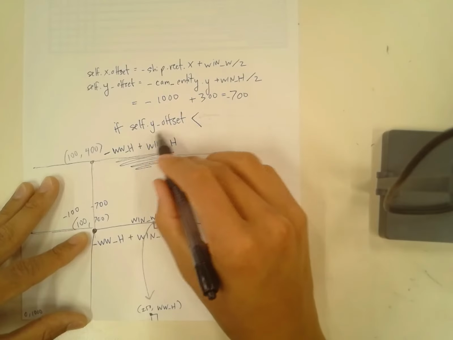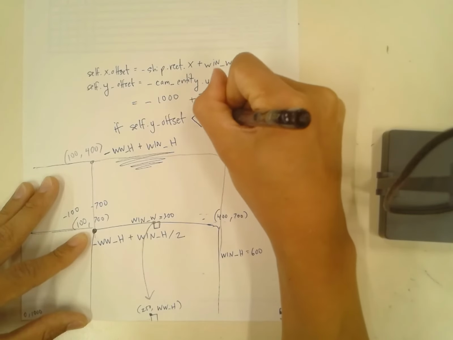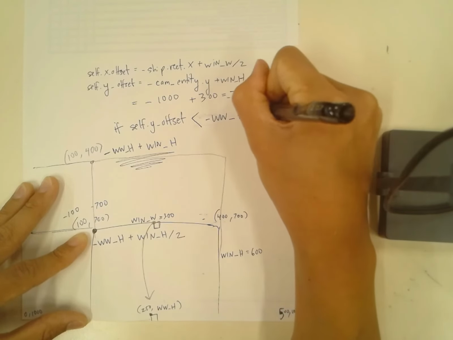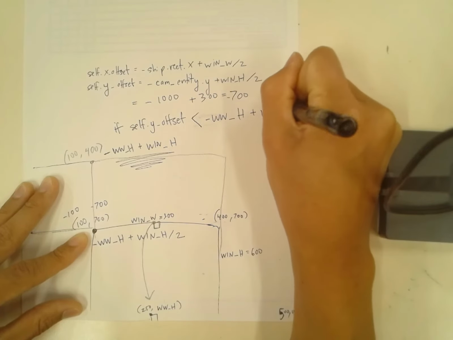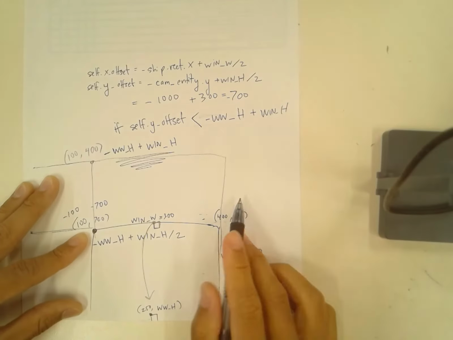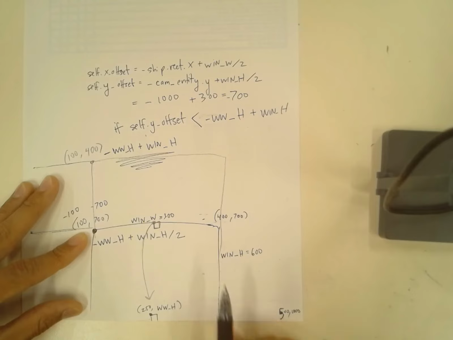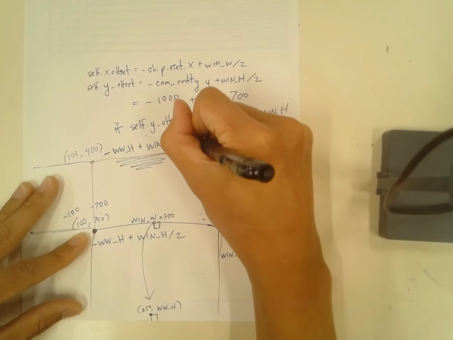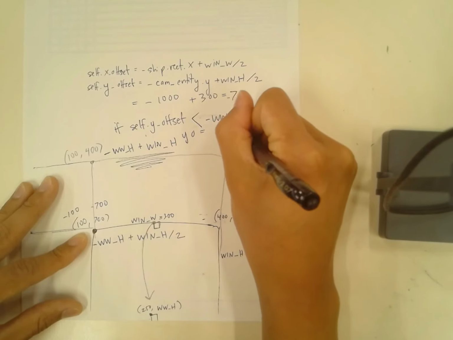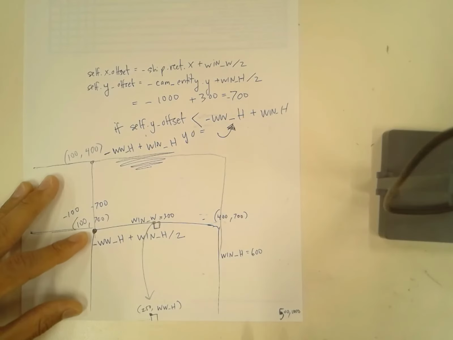So if the y offset is less than negative world height plus the win height, then we want to stick the y offset to that expression. So we're going to say y offset is equal to that expression.